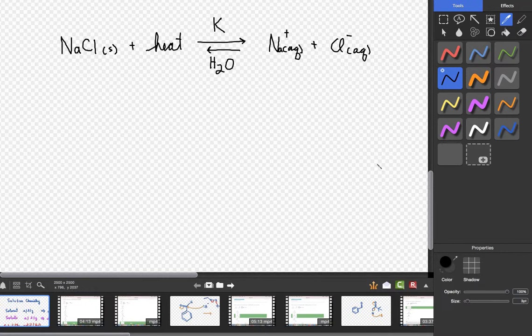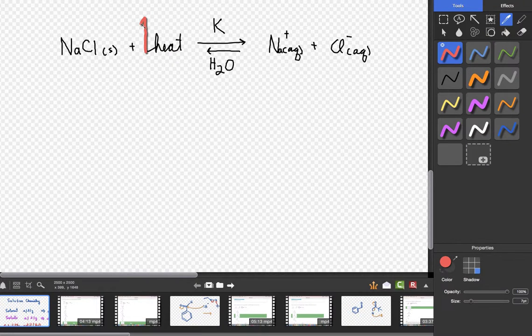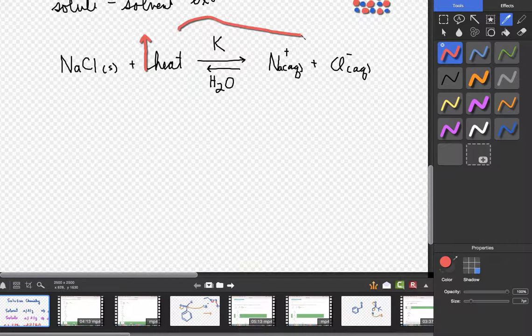If I increase temperature, I necessarily, in an endothermic reaction, increase the concentration of heat. To offset the stress, Le Chatelier's principle states that there will be a shift to the right, which means more solid dissolves. So from this, we can derive the following statement. Typically, there are lots of exceptions to this.